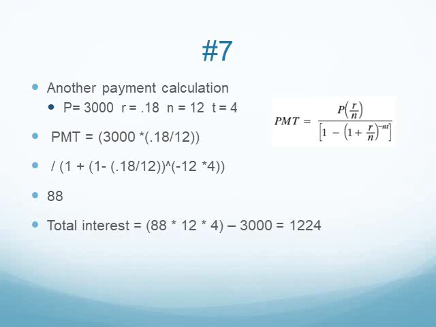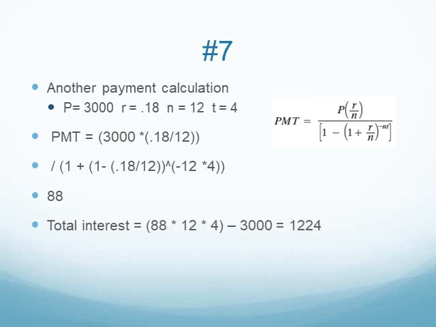All right, number 7, last one from chapter 8. It's another payment calculation. I wanted to say sneaky because we didn't do one that looked like this in class. But they want to know the monthly payment for this credit card.